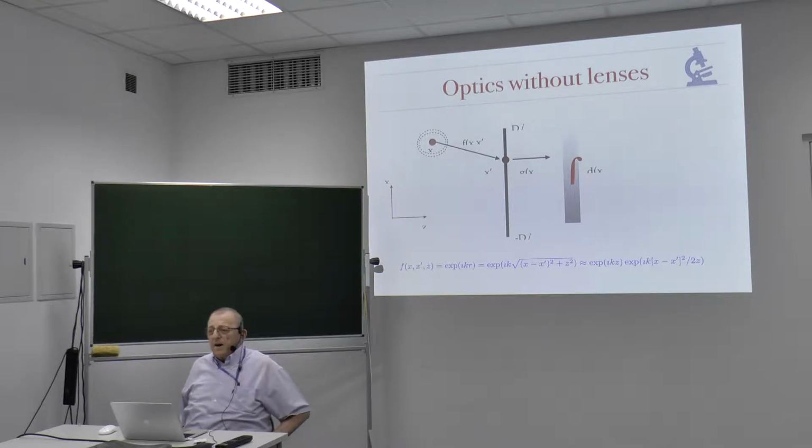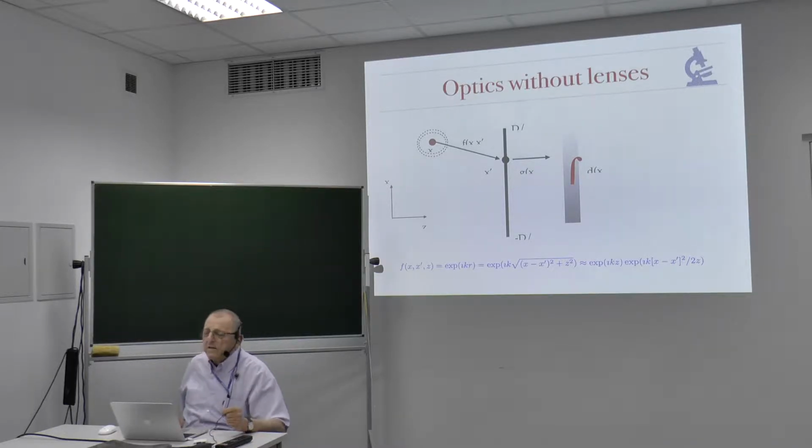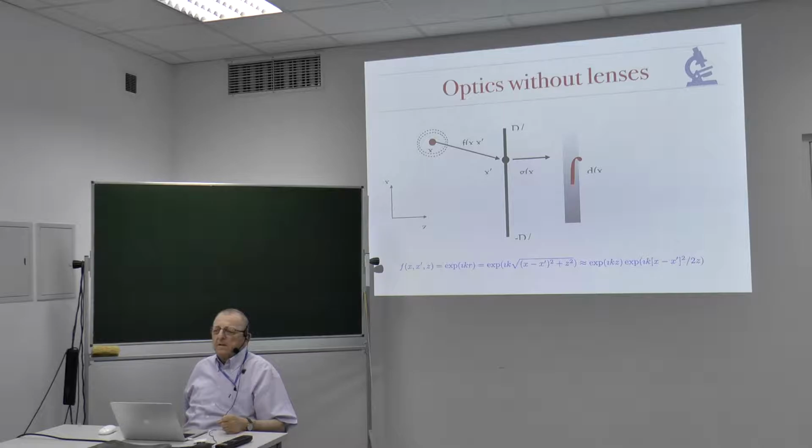So what is the function f? It's the phase shift over the propagation distance and over the distance from the emitter to the point on the lens. So this is e to the power ikr, where k is a wave vector of the radiation.